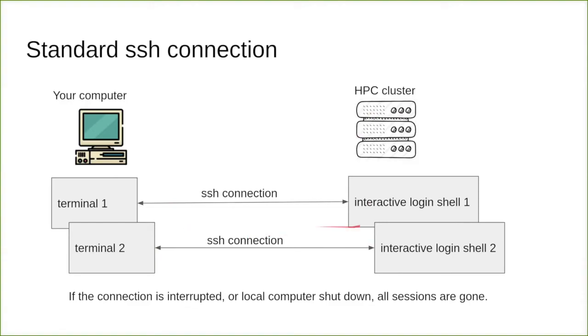This is all fine. The downside is that if the connection is interrupted, you may lose the entire session. As some of you ask, maybe you are in the middle of doing something, you set up some environment variables, you have not entered them into the shell initialization file, so you will lose everything.